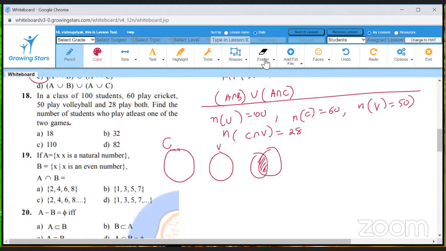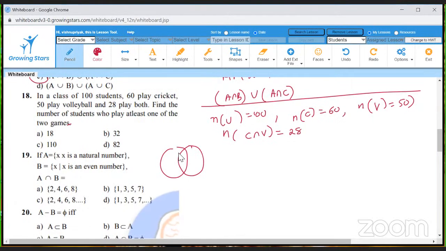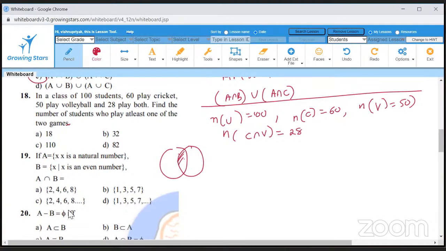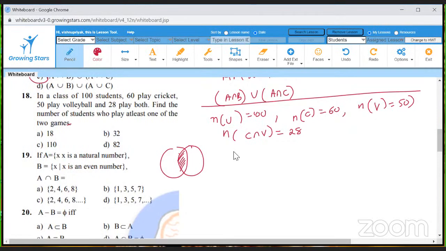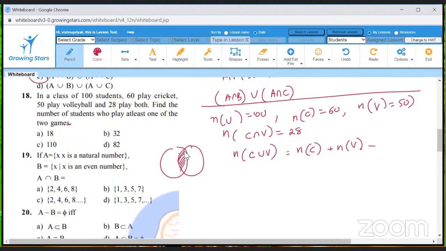So that means if I combine this diagram, cricket or volleyball or both, I want C union B. Full cricket circle, full volleyball circle, but I'm taking the middle part 2 times.